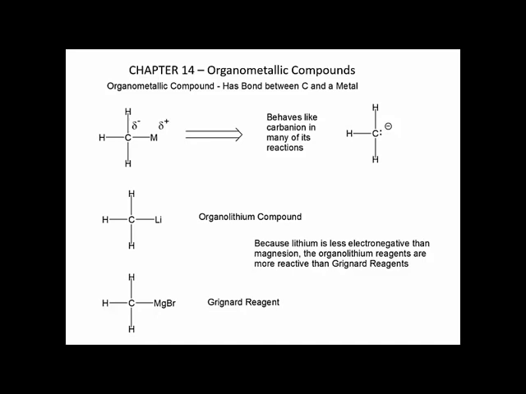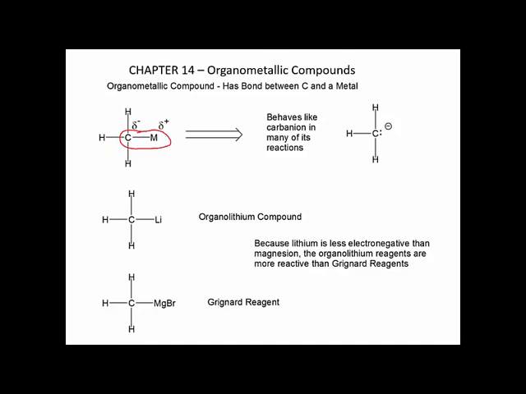An organometallic compound has a bond between a carbon and a metal. This is the most common type of organometallic compound that we're going to cover in this chapter, where the metal and the carbon make a sigma bond.